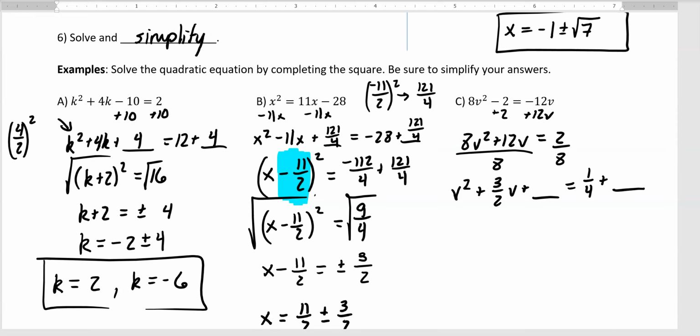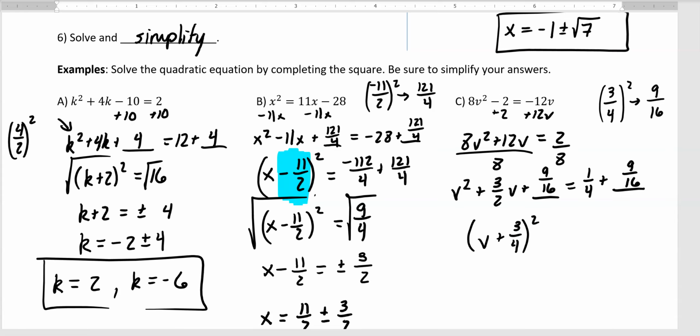All right, so half of 3 halves would be 3/4. 3/4 squared would be 9/16. So 9 over 16 to both sides. So when I factor, I'd have v plus 3/4 squared, right?